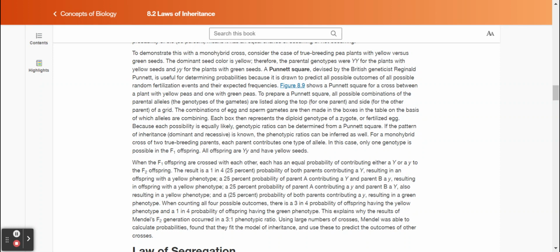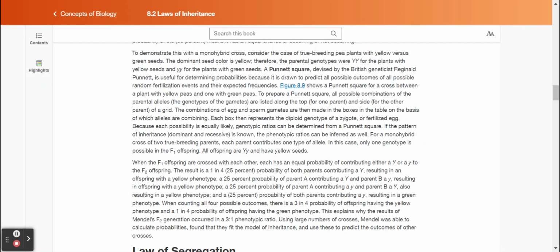To prepare a Punnett square, all possible combinations of the parental alleles, the genotypes of the gametes, are listed along the top for one parent and the side for the other parent of a grid. The combinations of egg and sperm gametes are then made in the boxes in the table on the basis of which alleles are combining. Each box then represents the diploid genotype of a zygote or fertilized egg.